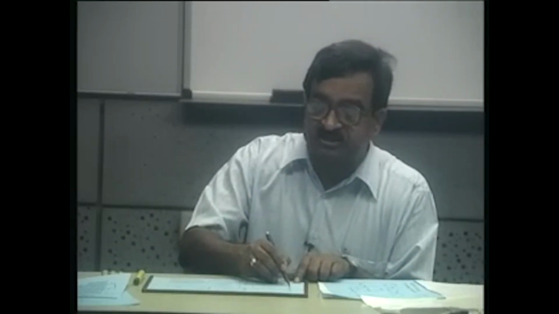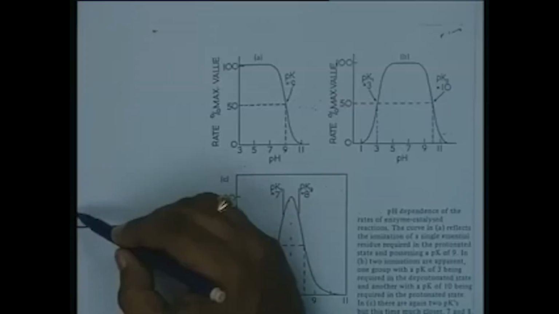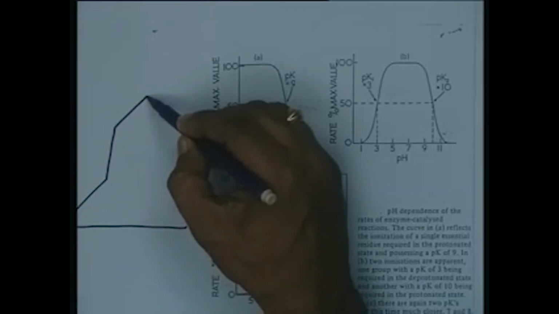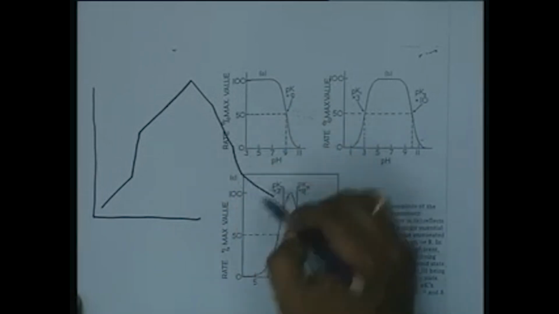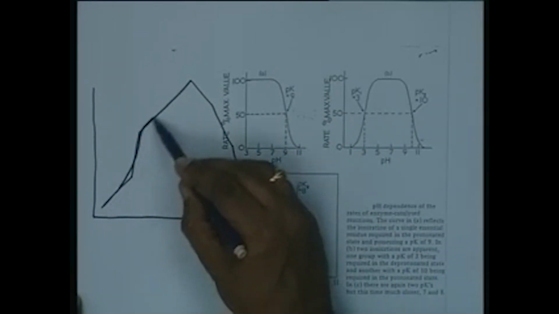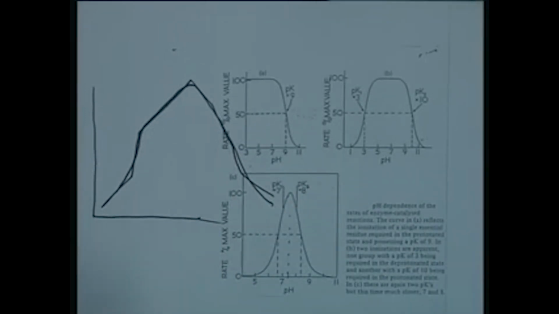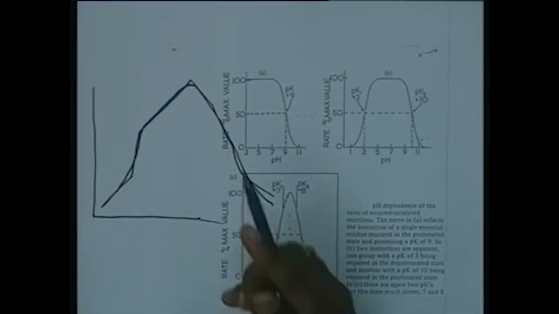In fact, these are again comparatively simplistic situations. As a matter of practice, in many enzymes for practical applications, you might end up with a profile something like this, consisting of not one or two but more than two amino acid residues, maybe 5, maybe 6, maybe 7.